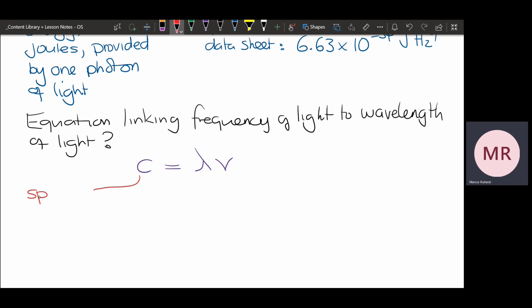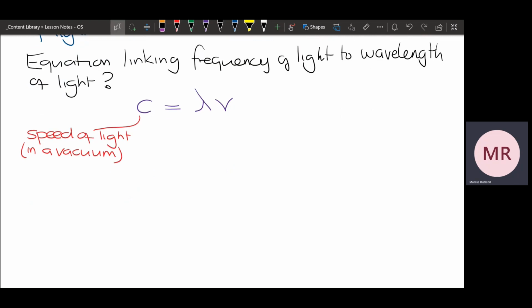So the correct answer is that c is the speed of light in a vacuum, which is normally just said as the speed of light. You can slow down light depending on what you make it pass through, but this is the speed of light through a vacuum. That's on the data sheet, and it's 3.0 times 10 to the 8 meters per second.